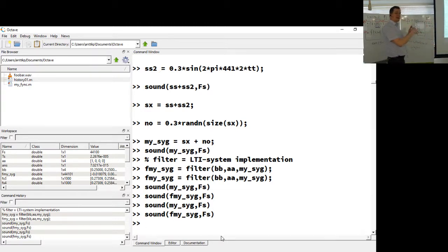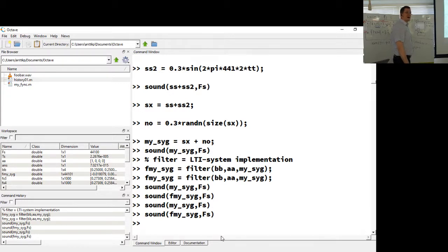Everything comes from the fact that, hopefully, we have a linear time invariant system. You can define the parameters. First, you can check if a system is linear. Excellent. Then from the flow diagram, you can define the system difference equation, which gives the system coefficients, which are the same coefficients as in the transfer function.